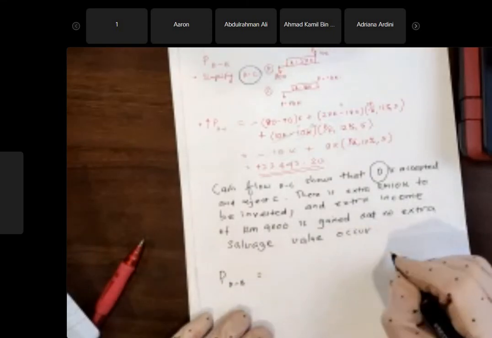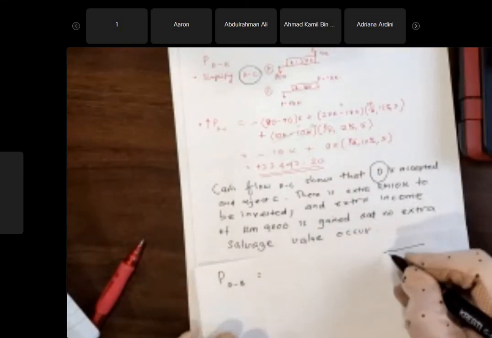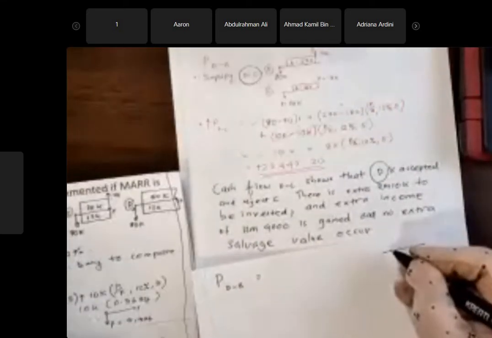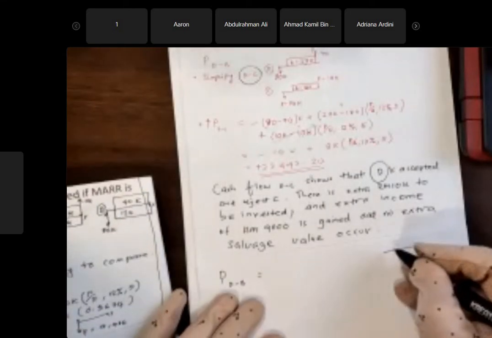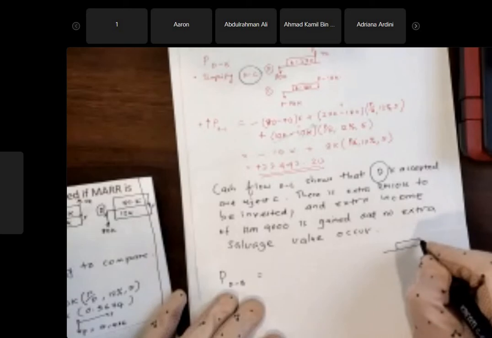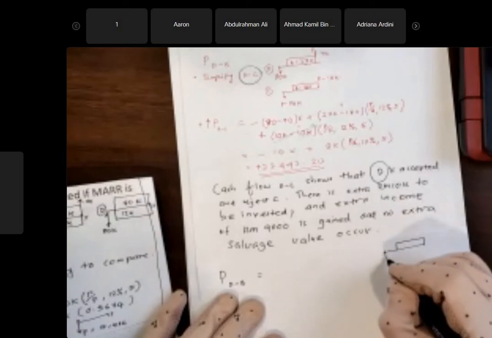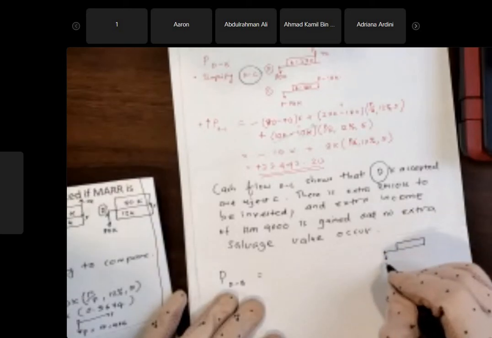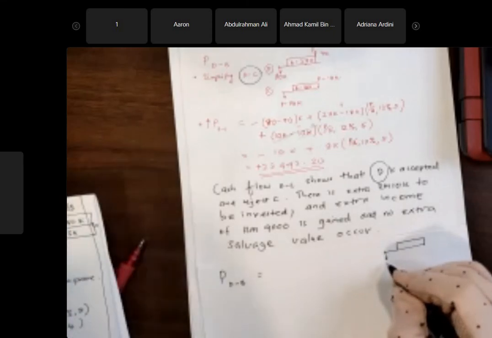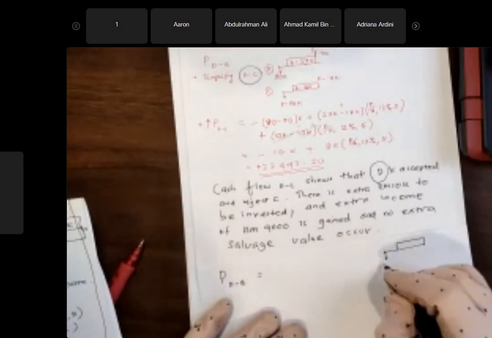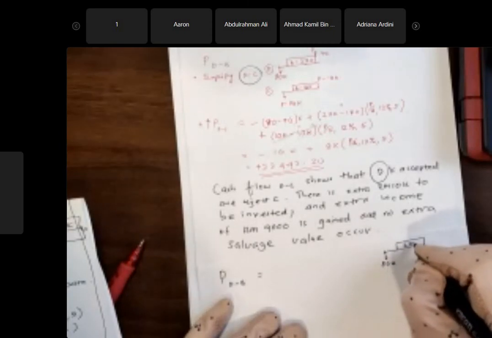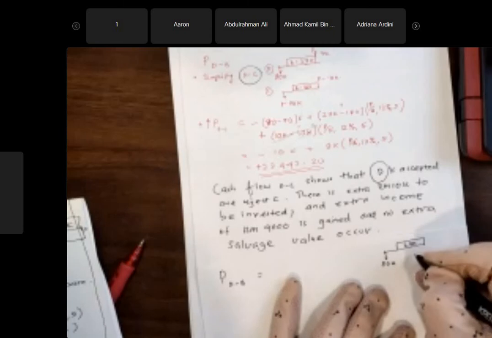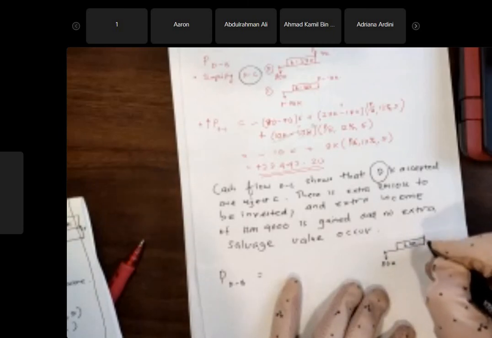Okay, the cash flow diagram. D is the same. We take the clean one. I already calculated the 27. We deduct these two, 7, 10K.